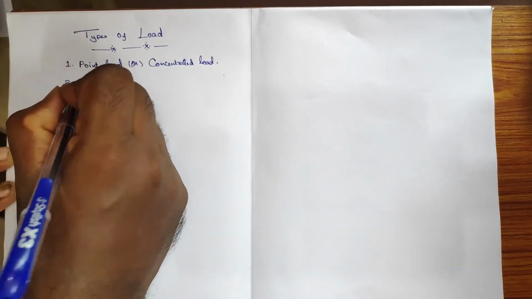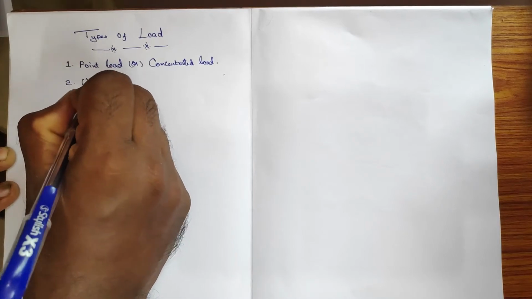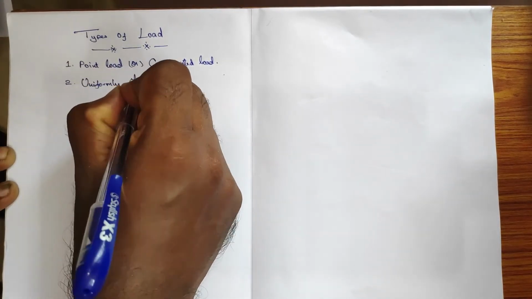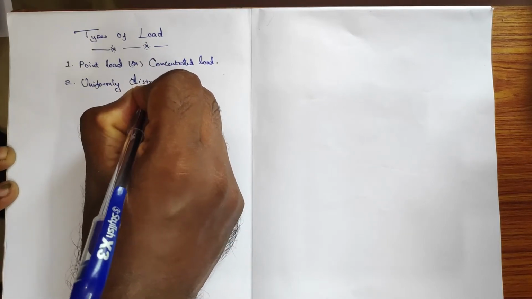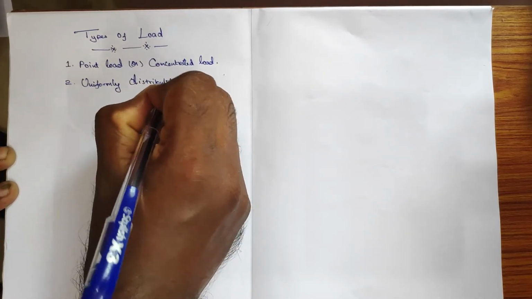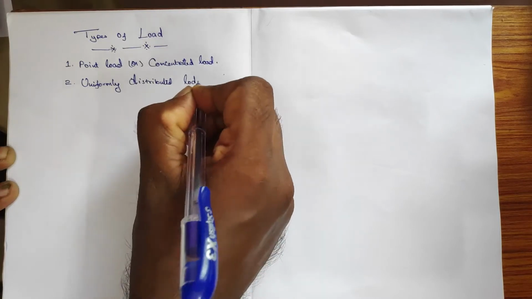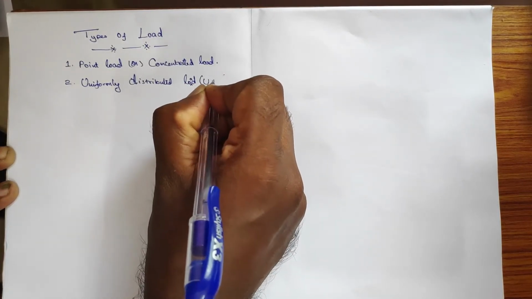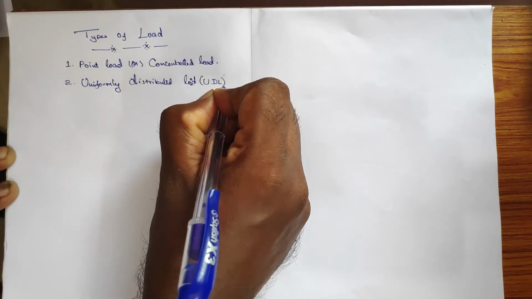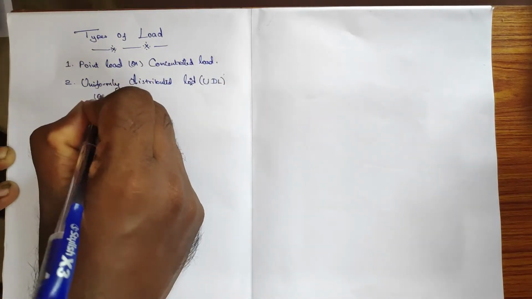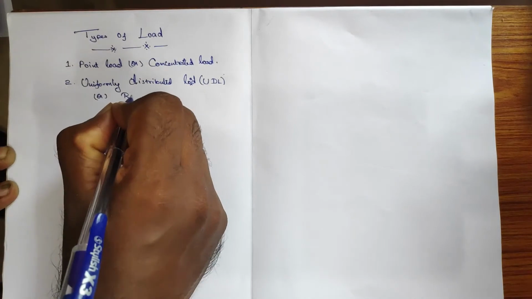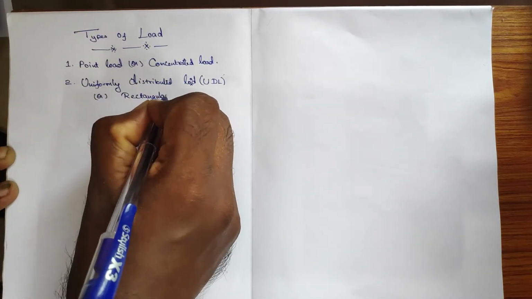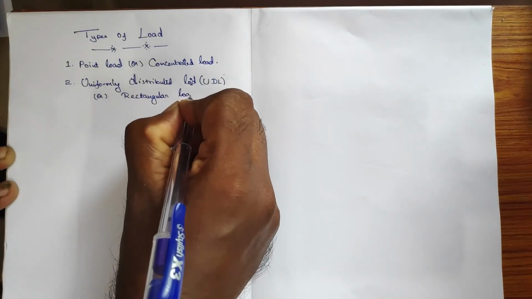And the second one is uniformly distributed load. In short, we call it UDL, uniformly distributed load, or else the other name is rectangular load.